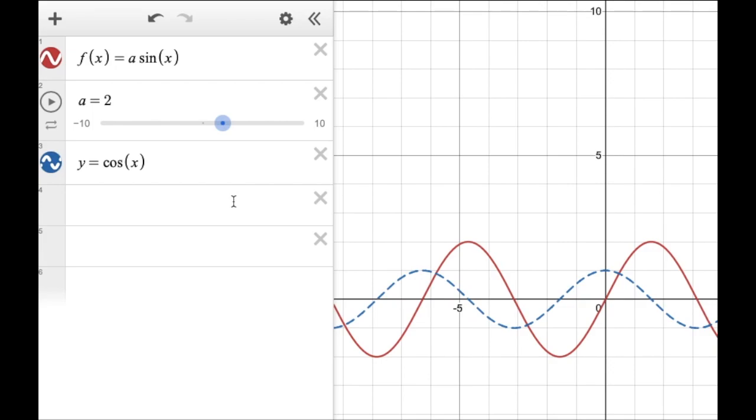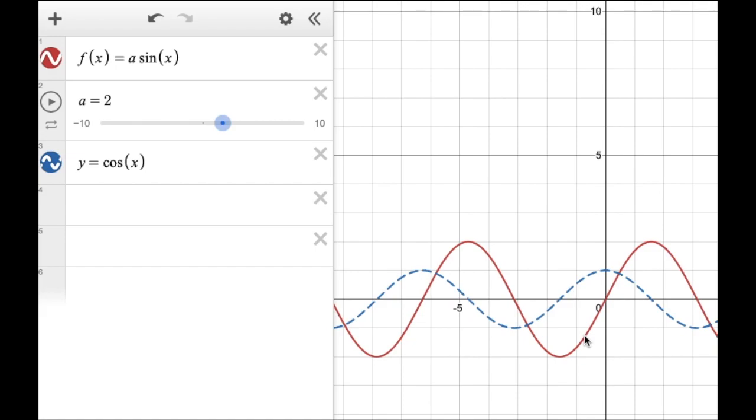And now we need to think about what that's done to the gradient. You'll notice that the gradient is now steeper around, for example, x equals 0. And our y equals cosine x, the derivative graph, hasn't reflected that. Because the graph is going up to twice as high a value for sine x, it means that the gradient is twice as large.